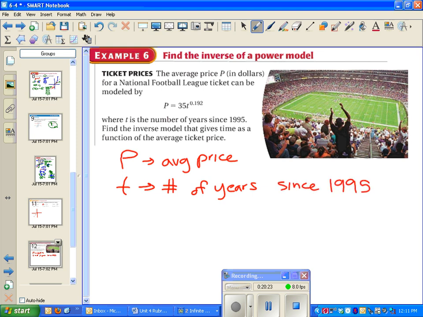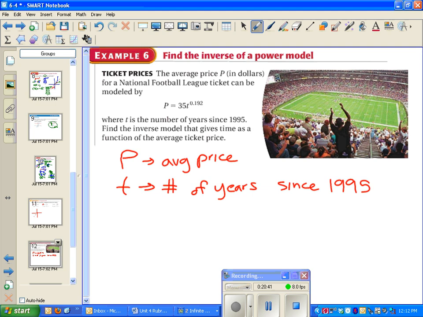So for example, if we were trying to figure out the 2000 average price, then T would be 5, because that's 5 years after 1995. Right, so we want to write an inverse model of this.